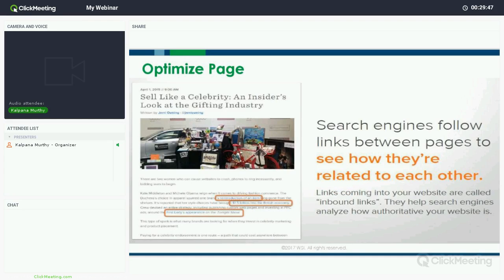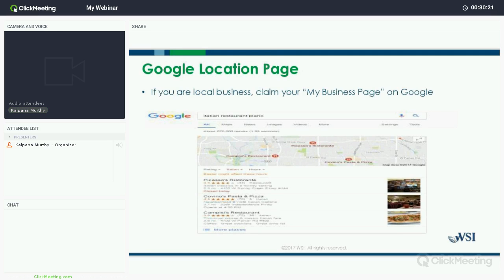So if somebody is talking about an insider's look at the gifting industry, on this page I may link them to gift ideas for different occasions, and also to websites that are selling gifts for different occasions. All of these are relevant to that, and Google will appreciate those links and give you ranking for that.